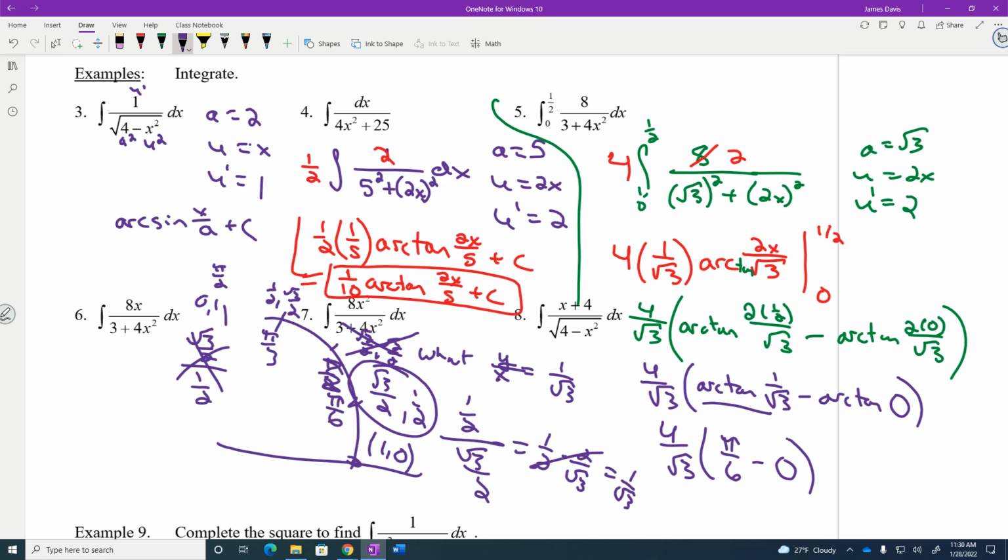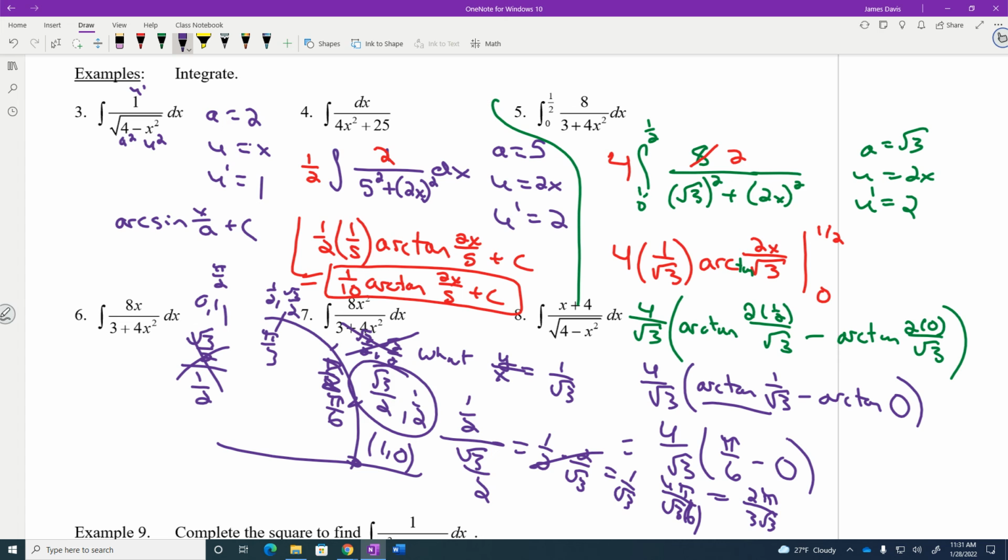So our answer then, we just multiply that by 4 pi over 6. 4 and 6 can reduce, so we get 2 pi over 3 radical 3. And really, you should never leave a radical in the denominator.